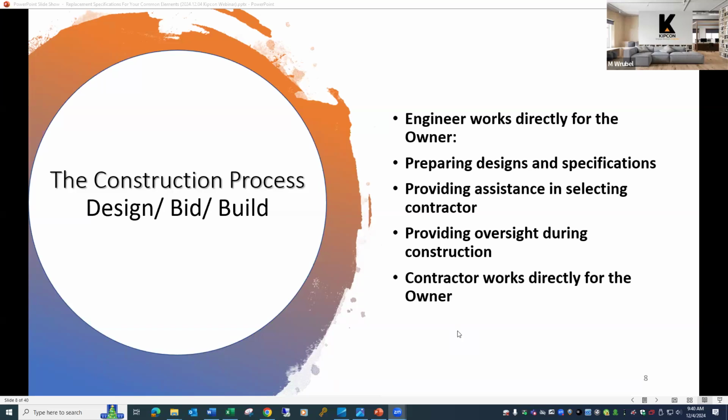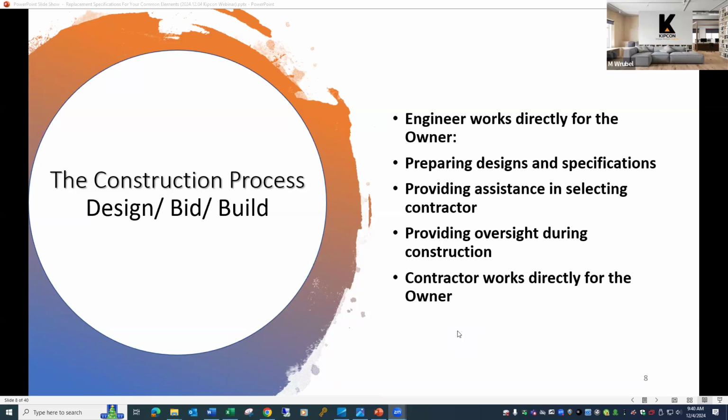They can assist during the bidding process with issuing an RFP to the various contractors, whoever is on the bid list. And also they can assist in selecting a contractor based on various considerations.